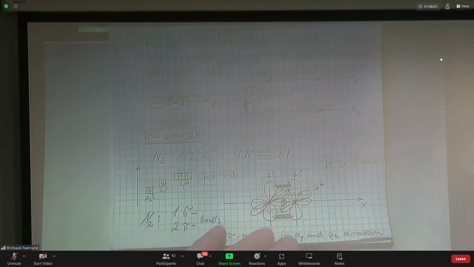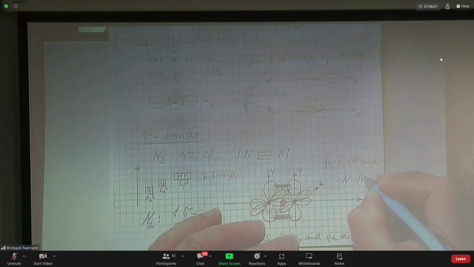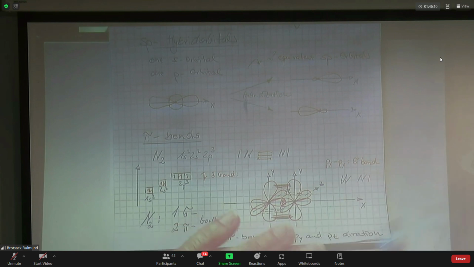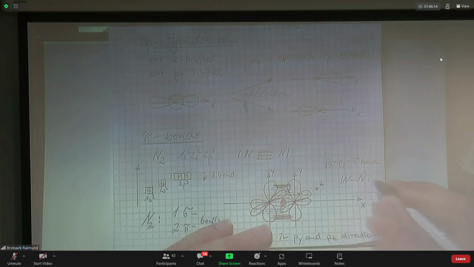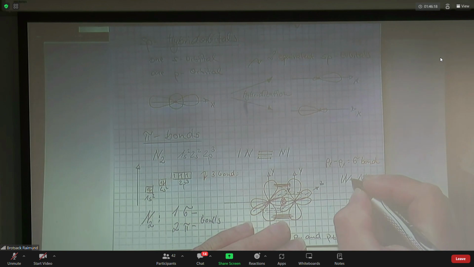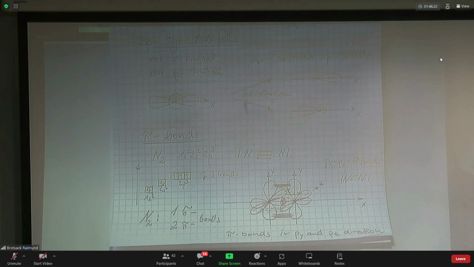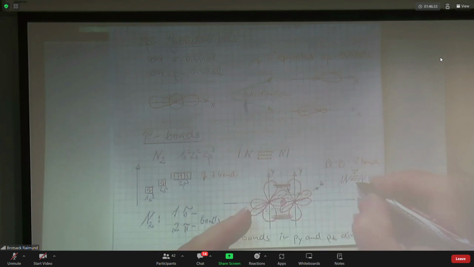When we'd like to draw it once more, we have N and N, the two electrons which are not involved. And we have one sigma, the red one, and the two different pi bonds from py and pz. So we have a triple bond, two pi and one sigma. This is pi, and this is sigma.